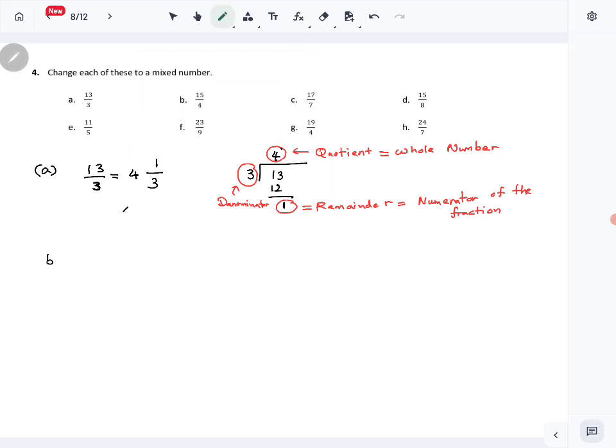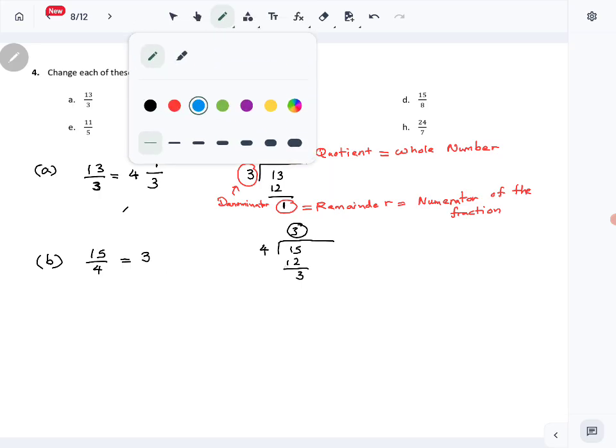So let's look at 15 over 4. How many 4's are inside of 15? 3, right? So we'll quickly do the long division. 3 times 4 is 12, so the remainder is 3. The whole number part is 3.